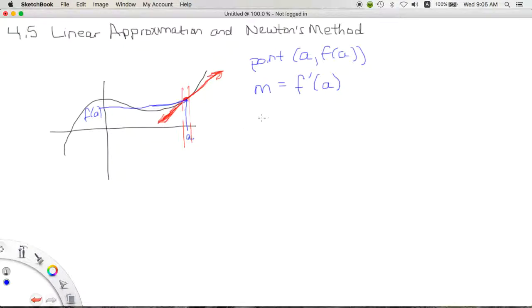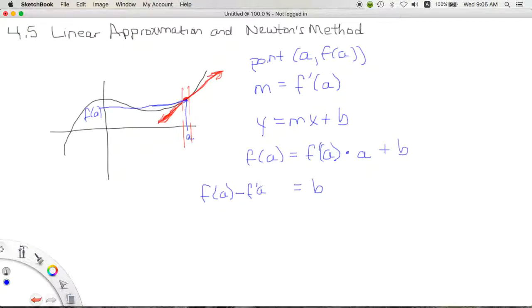So for our y equals mx plus b, if we plug it all in, we have f at a equals f prime at a times a plus our b. So our b is f at a minus f prime at a times a.